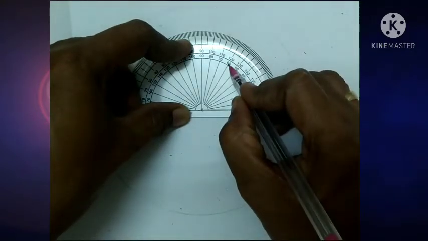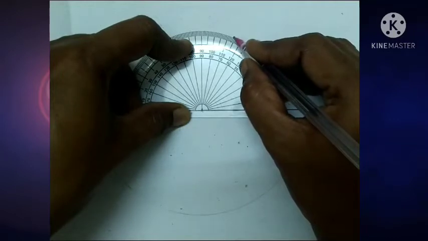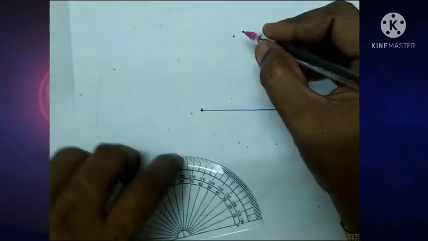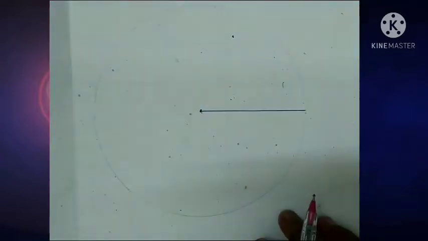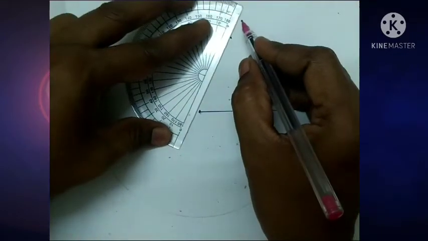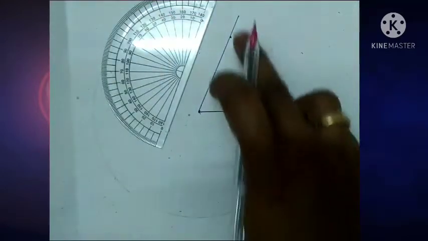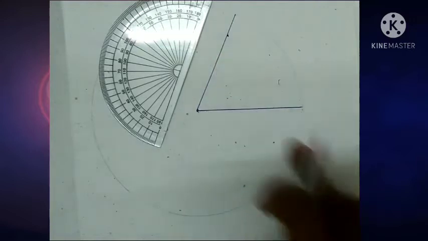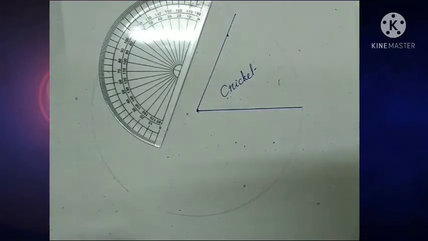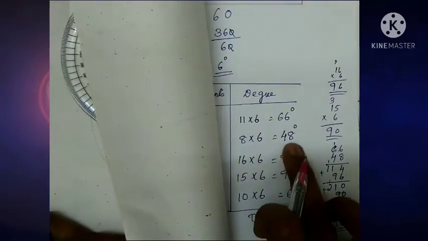Then 60 is here. 61, 62, 63, 64, 65, 66 is here. I put a dot. Then after that, I join these 2 points. Okay? So this portion mentions the cricket. Understand? And then next is football, that is 48 degree.